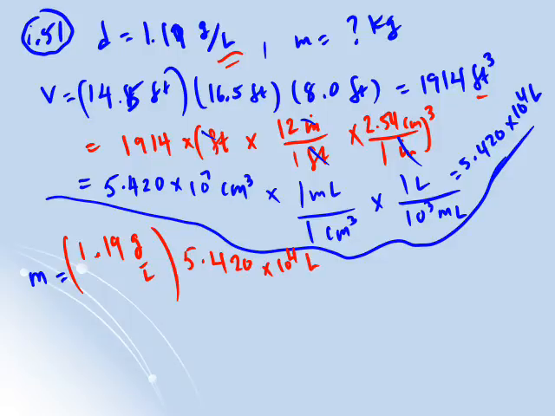Why did we select it like this? The liter would cancel, and that gives me gram, but the question is asking for kilogram. We know that 1000 gram makes 1 kilogram, so that's going to be our next step. Now gram would cancel. Let me show you this cancellation. This gram would cancel. So we finally end up with kilogram.